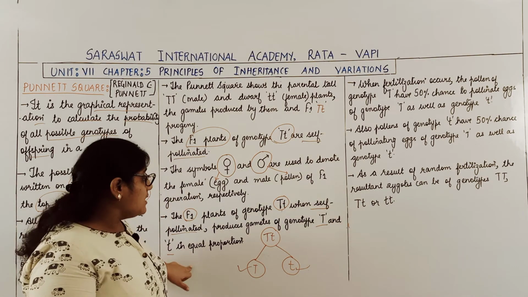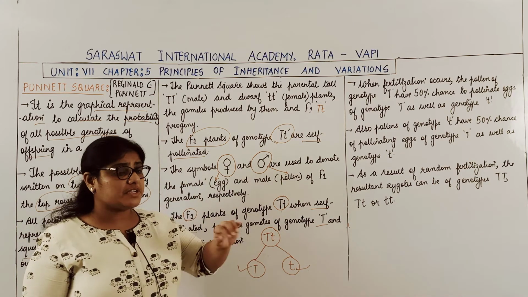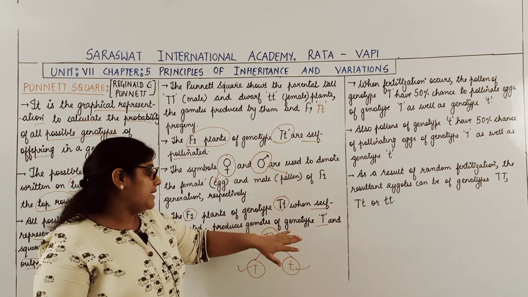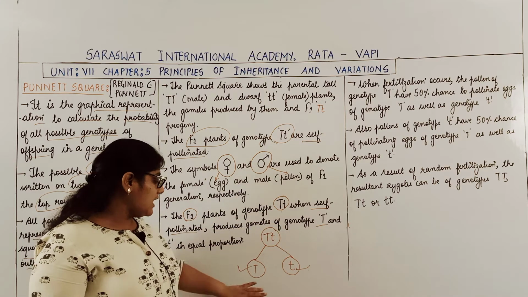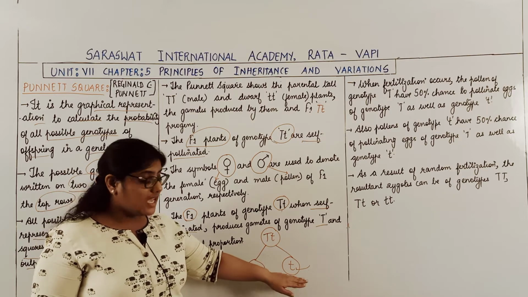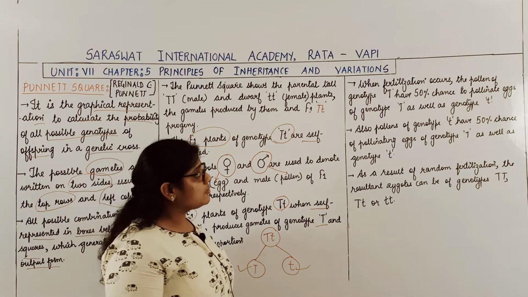So the plants of the F1 generation, when they are self-pollinated, produce gametes in equal proportion. Basically 50% of the gametes will have the genotype capital T, and 50% will have the genotype small t.